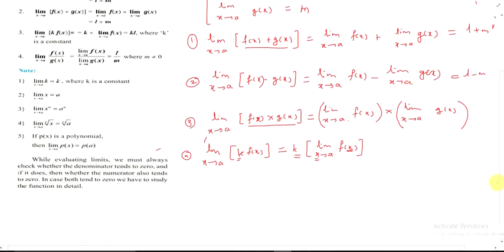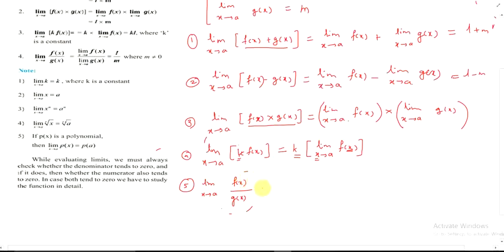Now let us see the quotient form, that is the rational form, where the function is expressed as a division of two polynomials or two functions. This form is called rational form or quotient form.